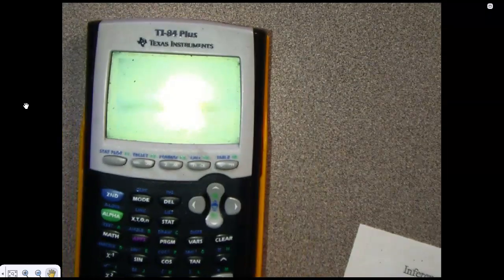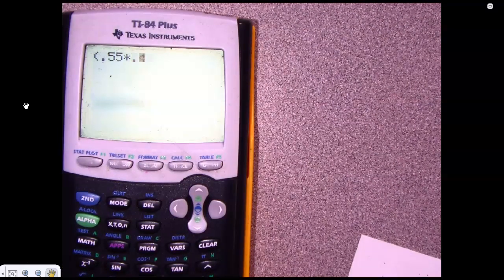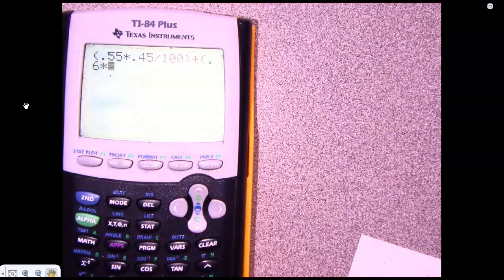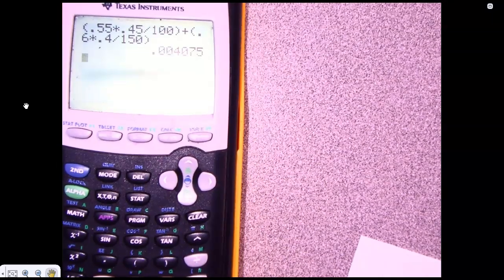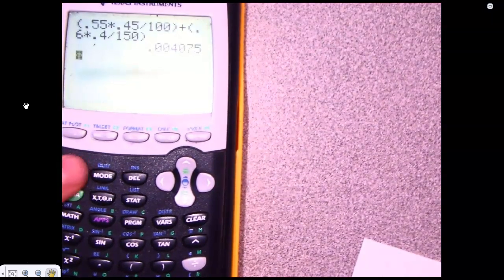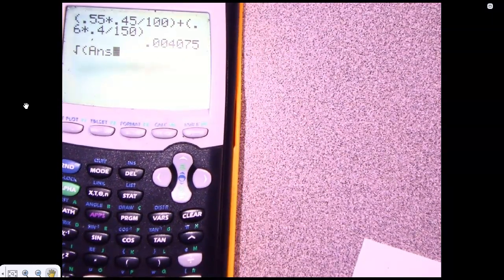You don't even need parentheses. I did 0.55 times 0.45 divided by 100, plus 0.6 times 0.4 divided by 150. Got that. And then you can do square root of answer, and then times 1.96. So did you guys get 0.125?